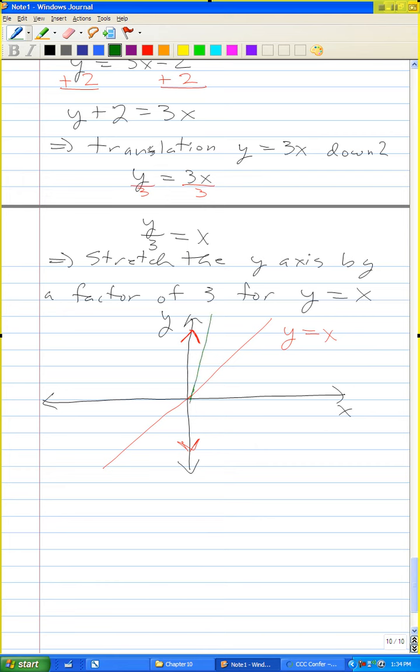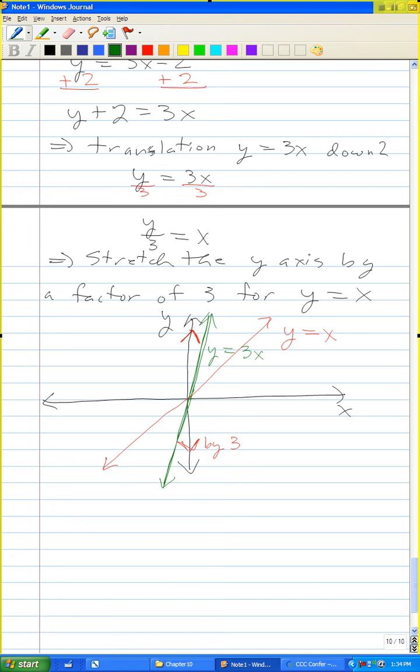It's going to be much steeper. Oh, and I guess I should have said 3 here. So I've stretched the y-axis by a factor of 3. So now this is the graph of y equaling 3x, or y over 3 equal x.